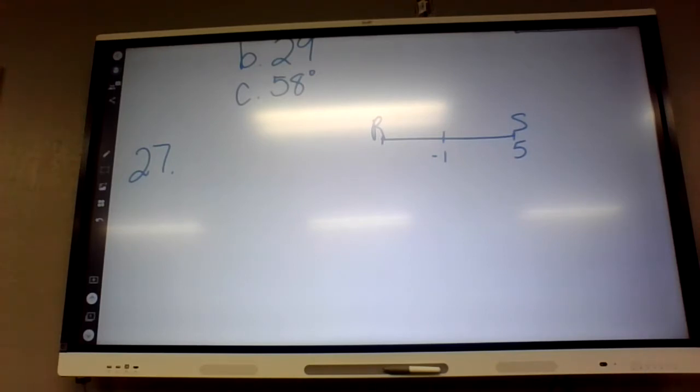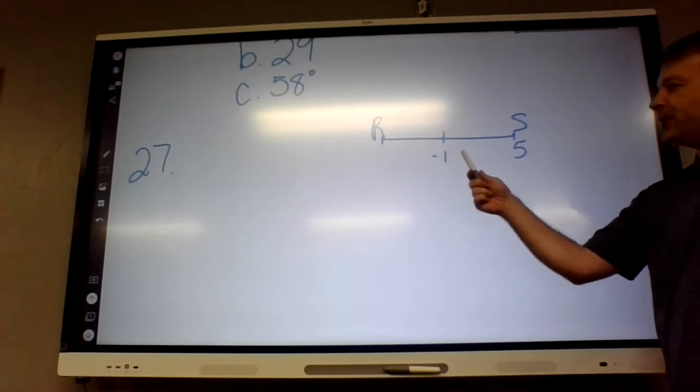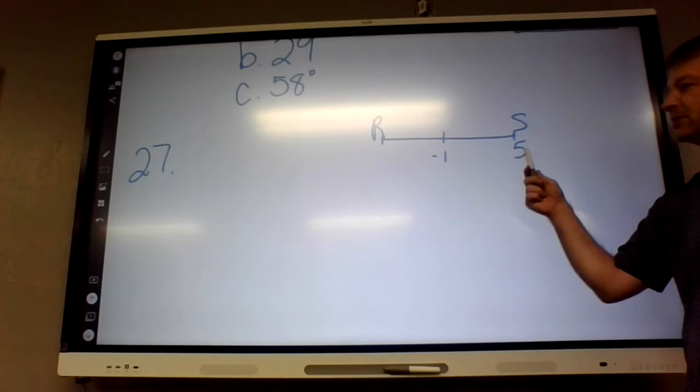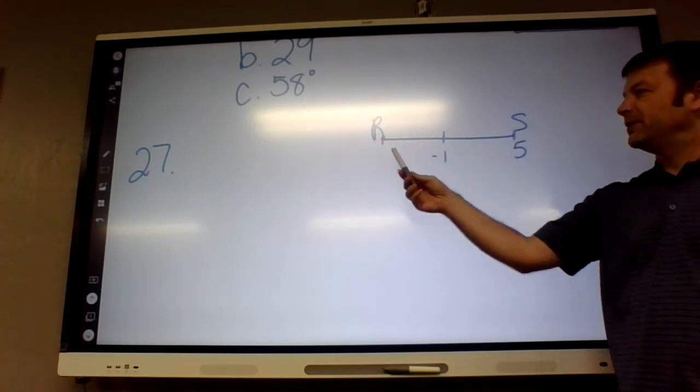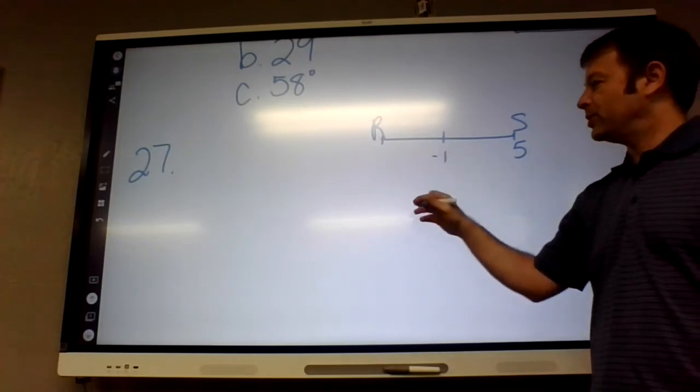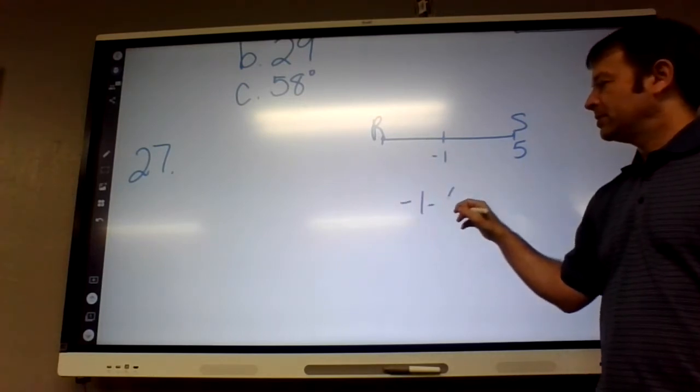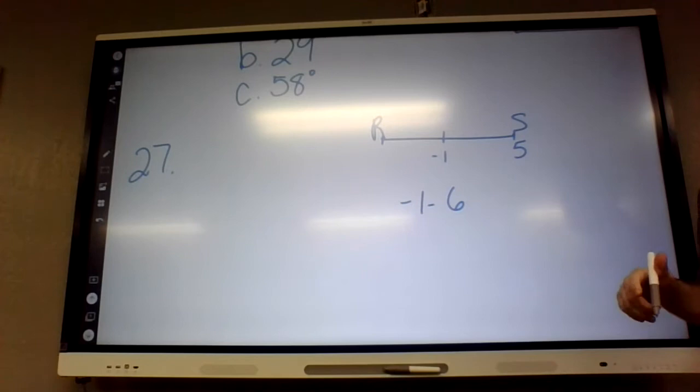No. Well, you're going up 7, right? It's -8. No, you split the difference. How far is it from -1 to 5? 6, right? So if you go 6 to the left of -1, -1 minus 6, yeah, it's -7.